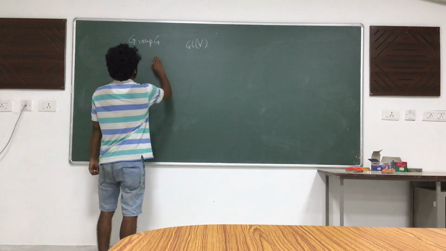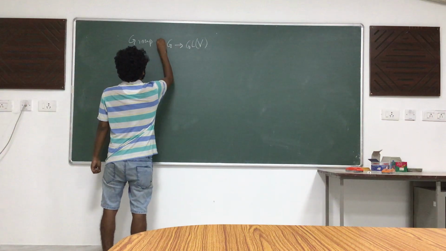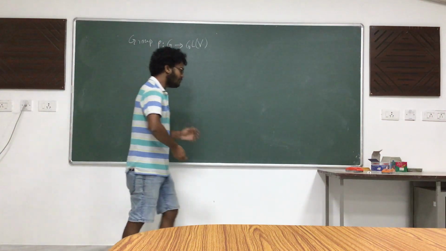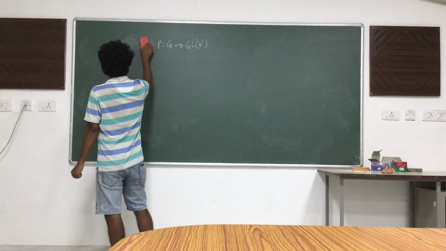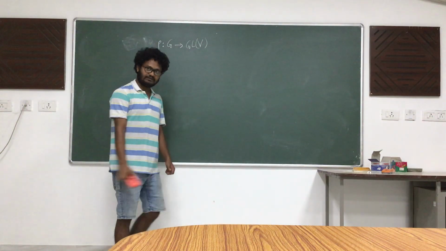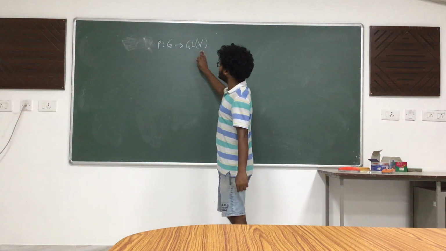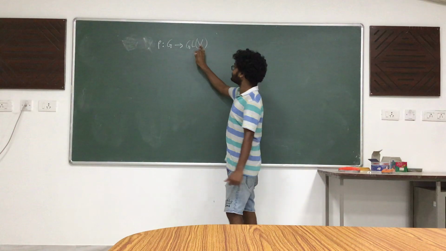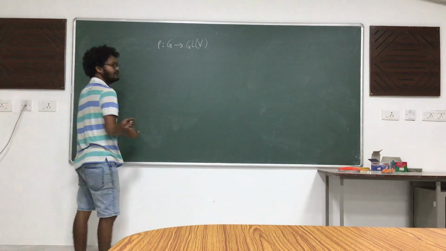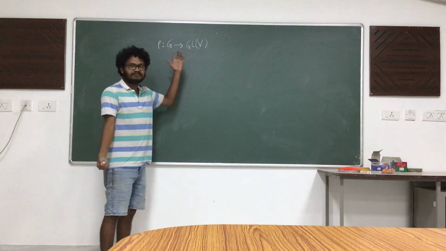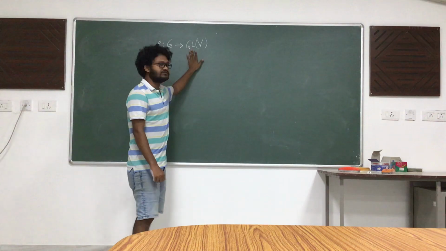Then a linear representation was defined to be a homomorphism from the group G to GL of V. The dimension of the representation, or the degree of the representation, is basically the dimension of the vector space V. For finite dimensional vector spaces, we saw that GL of V is nothing but n cross n invertible matrices if V has dimension n.